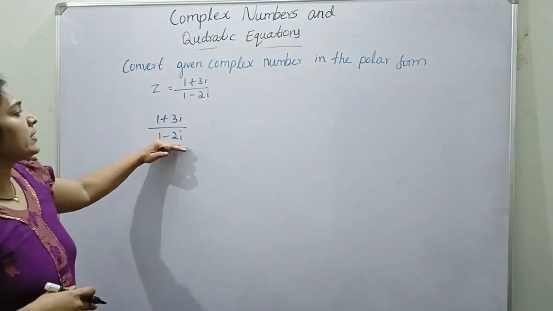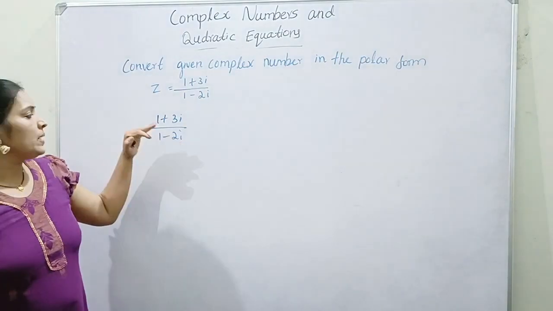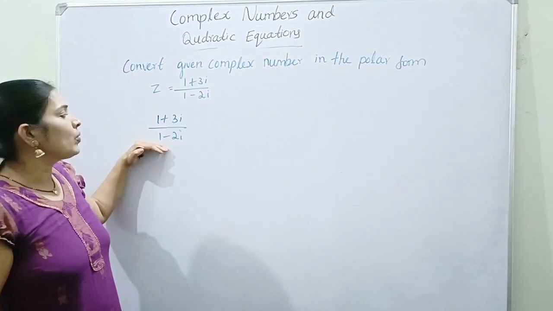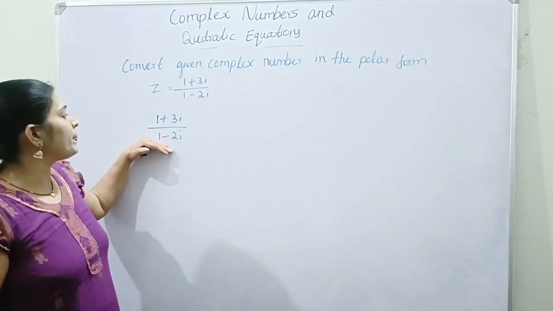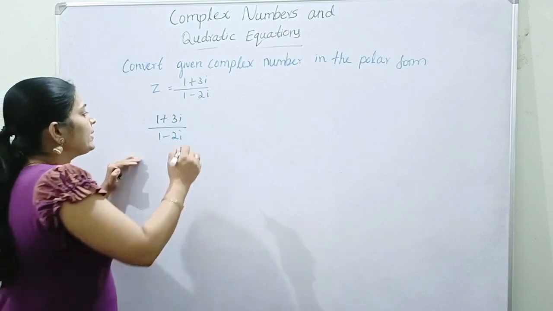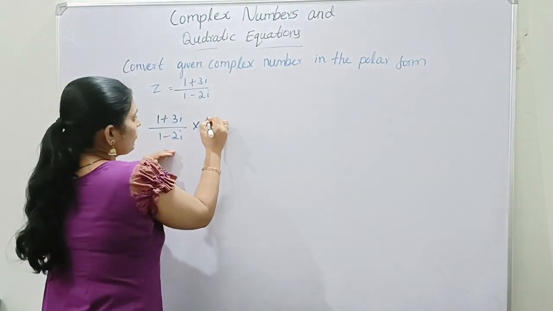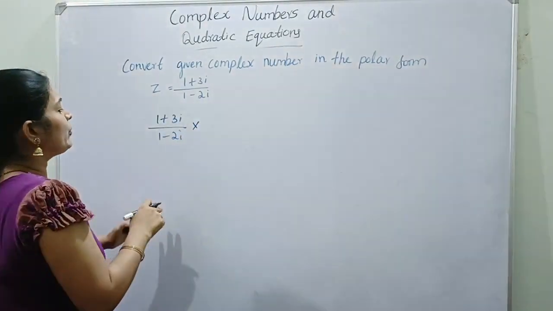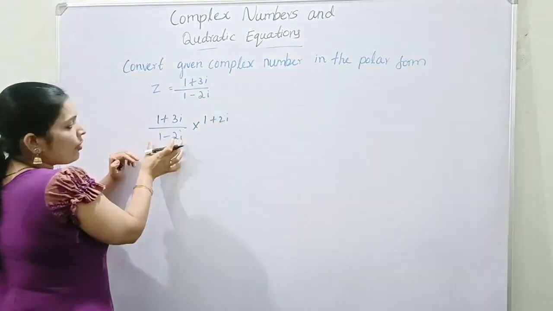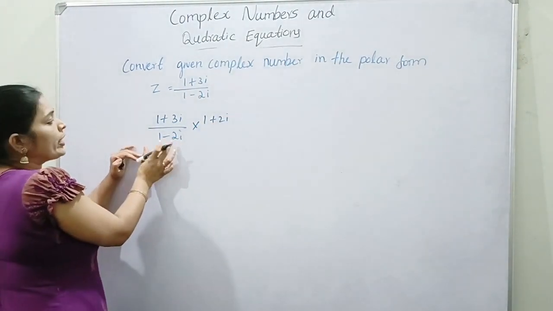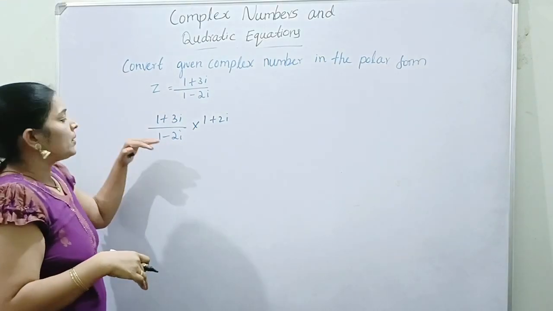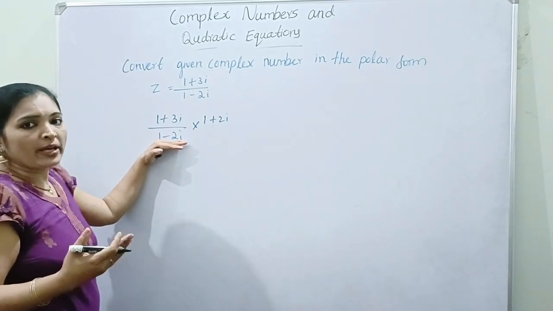So how to make it in the form of a + ib? By multiplying and dividing by the conjugate of 1 - 2i, that is the denominator of the given complex number. Conjugating means changing the sign of the imaginary part.